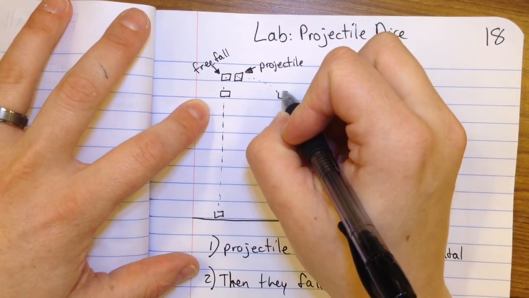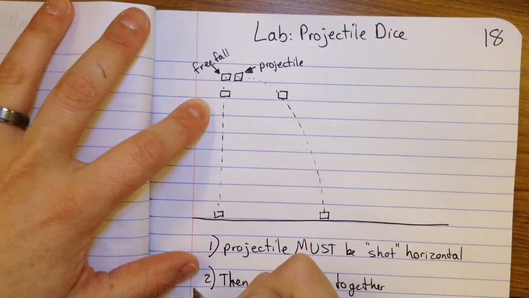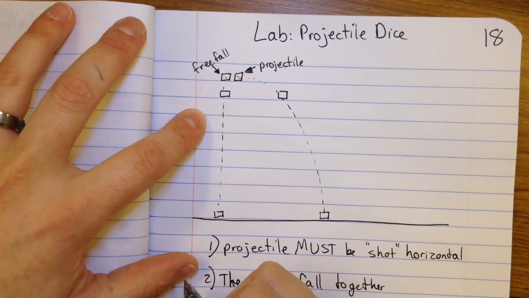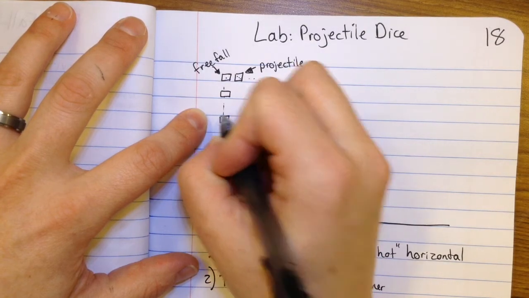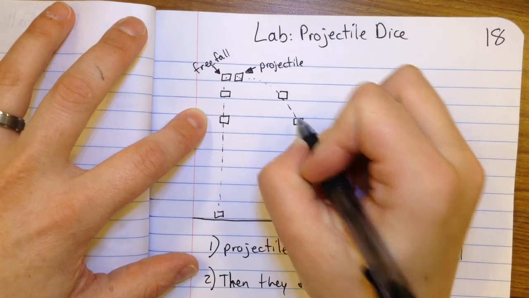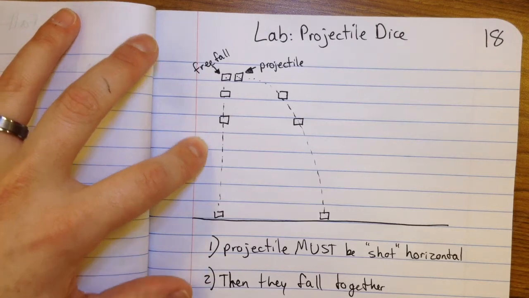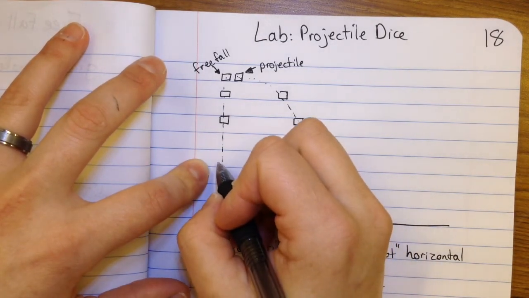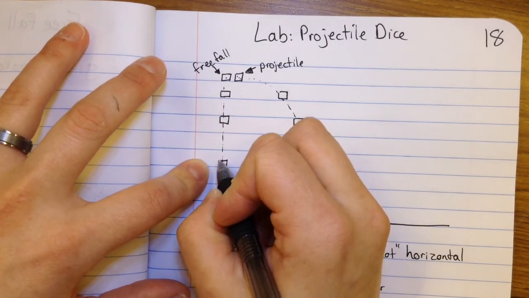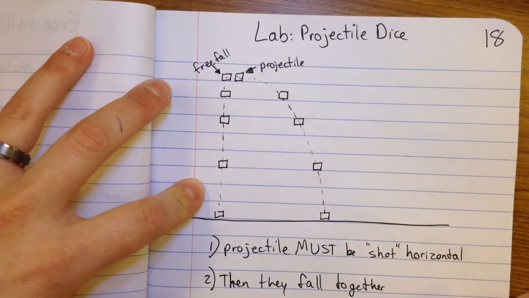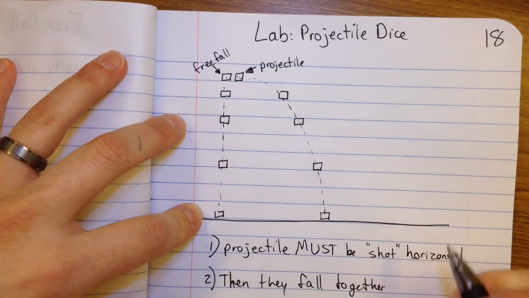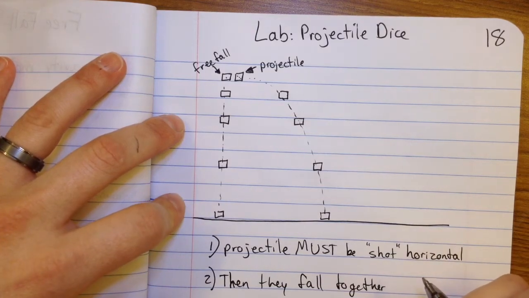Draw both of them right there, on the first line below. Accelerating means it's going to go even further, so give it a bigger space. But make sure the 2 dice are always horizontal. And then it crashes to the ground.